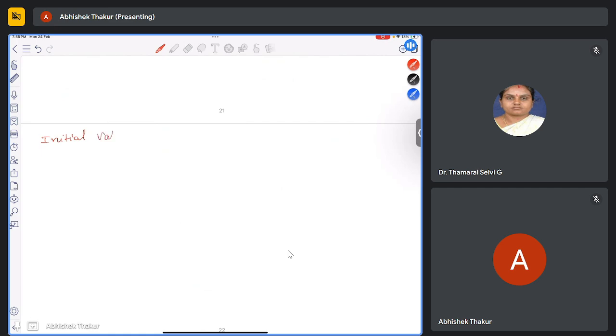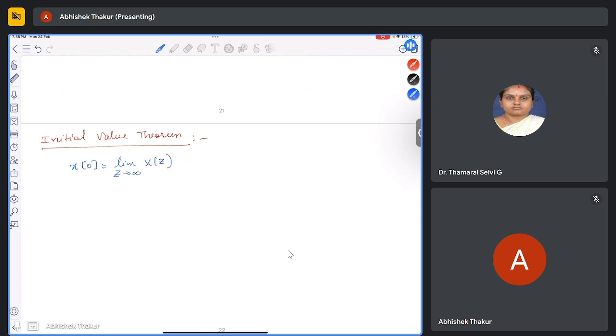So first we will see the initial value theorem. It states that x of 0 will be the limit, like if we have to find the value x of 0, that is the limit of z tends to infinity of x of z.